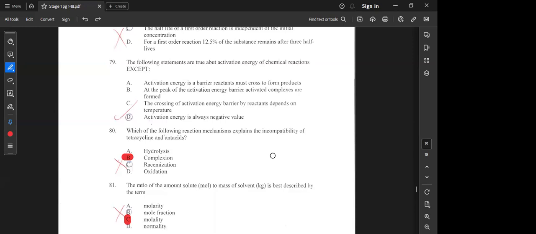Crossing of the activation energy barrier by reactants depends on the temperature. Activation energy is always a negative value. It's not always a negative value.